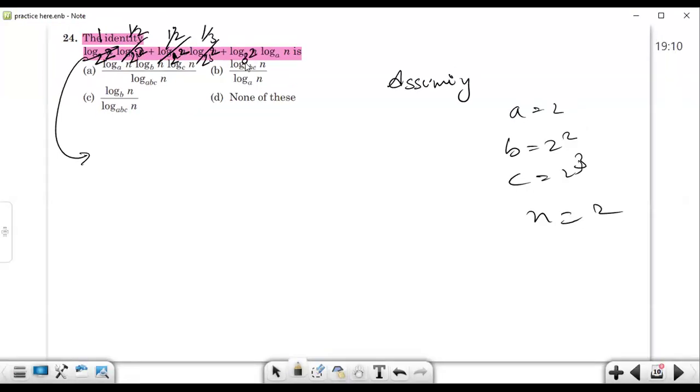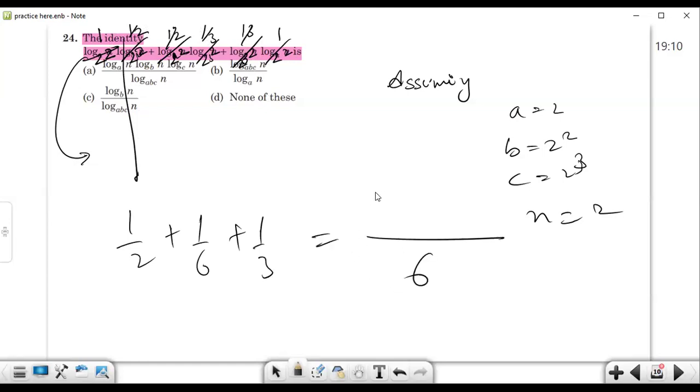So what is this becoming? 1 by half plus 1 by 6 plus 1 by 3. Taking LCM as 6, 3 plus 1 plus 2, which is 6 by 6.